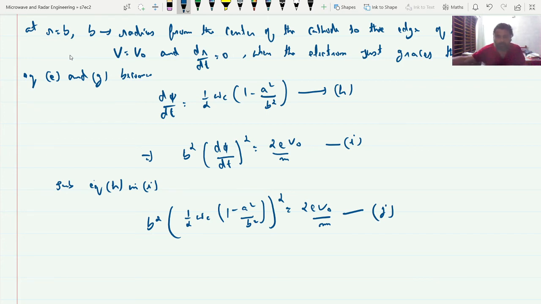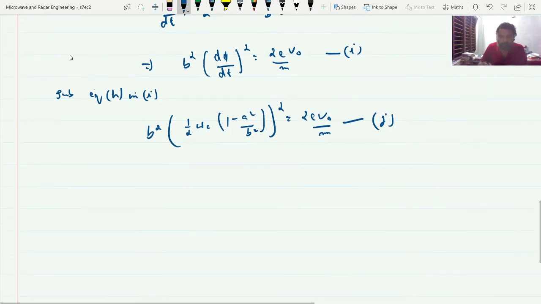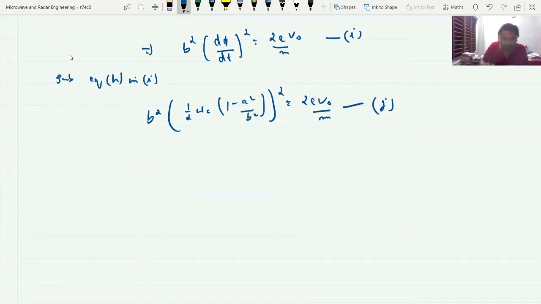Okay. So I will just give a conclusion here. The electron will acquire a tangential, that I have explained in the figure, tangential as well as a radial velocity.